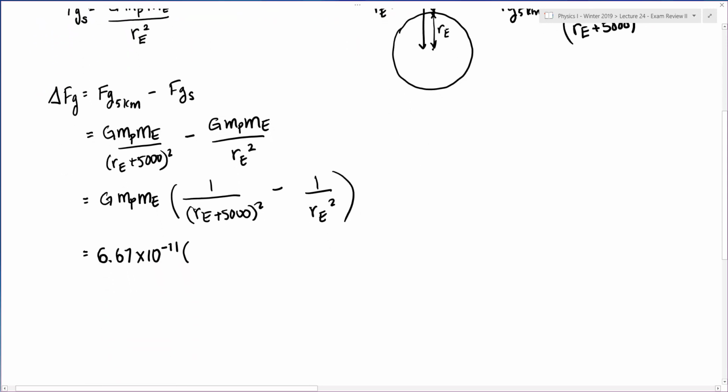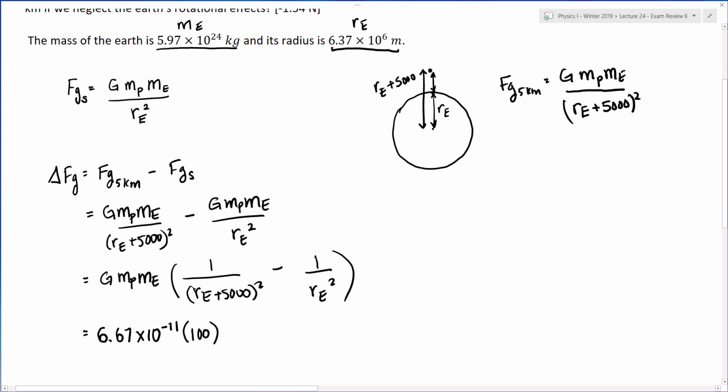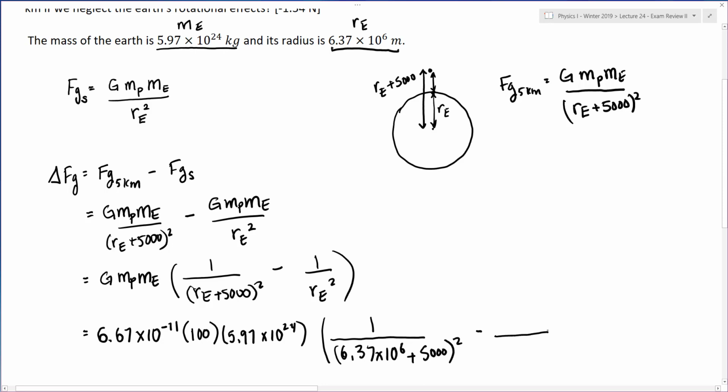This person's 100 kilograms. The mass of the Earth is 5.97 times 10 to the 24 kilograms. And now we have 1 over the radius of the Earth, which is 6.37 times 10 to the 6 meters, plus 5,000 meters, all squared, minus 1 over just the radius of the Earth, squared.